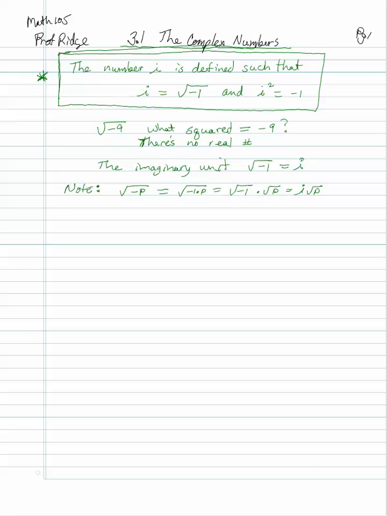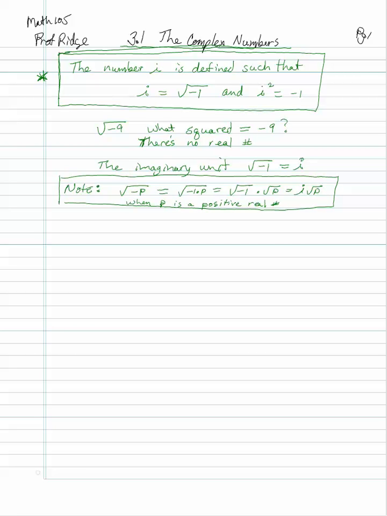Now, I want you to take note of this line also. This is provided p is a positive number. So if you have a square root of a negative number, before you can do any radical rules, all the radical rules are defined where the radicand has to be positive.